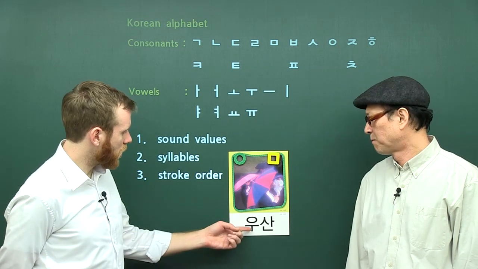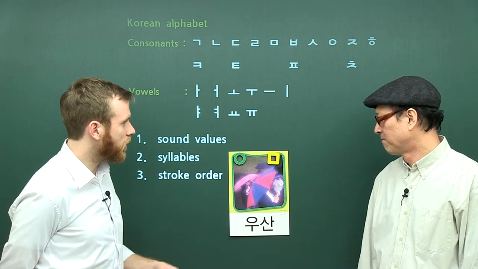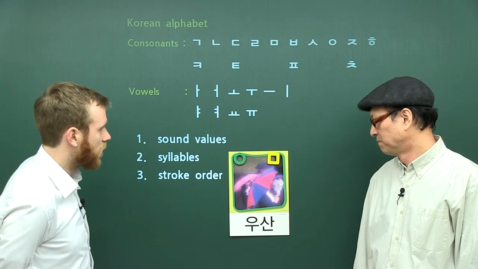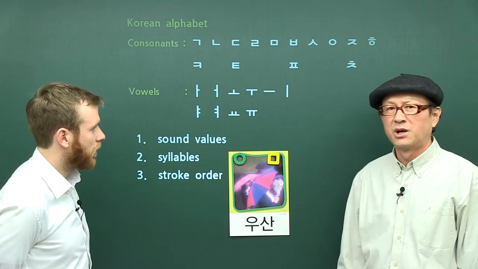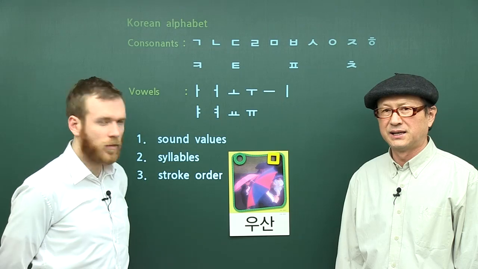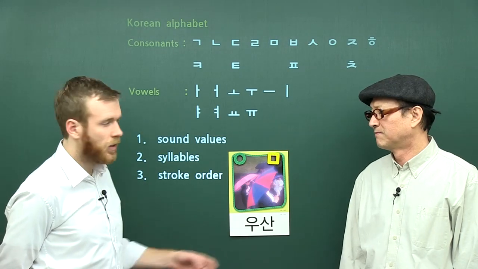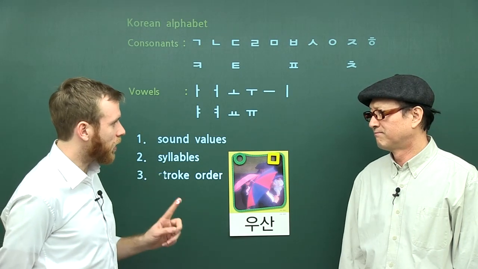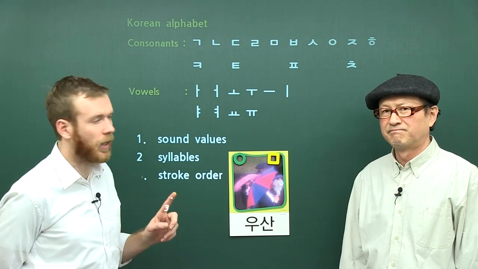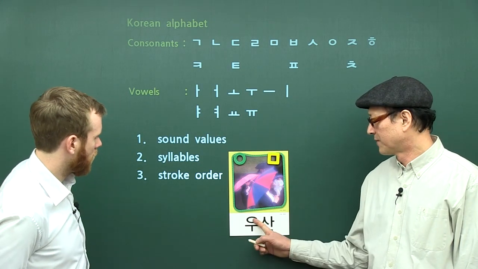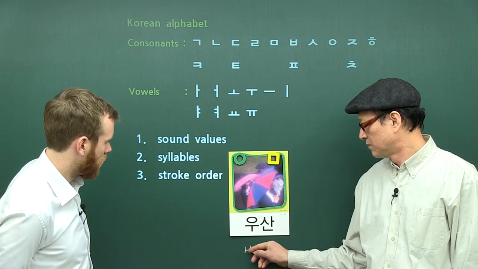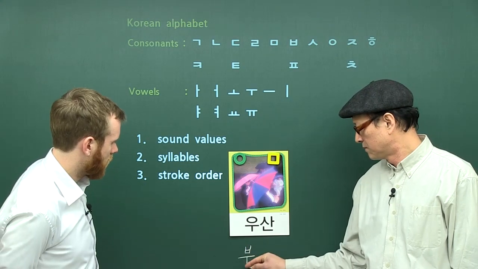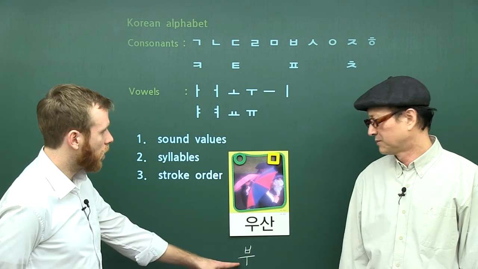Robert, could you maybe show us another word that almost looks the same? So maybe the second largest city in Korea, 부산. Busan. So here's our word Busan. We're just going to change one letter to make Busan. And what would that look like? This one. 부.